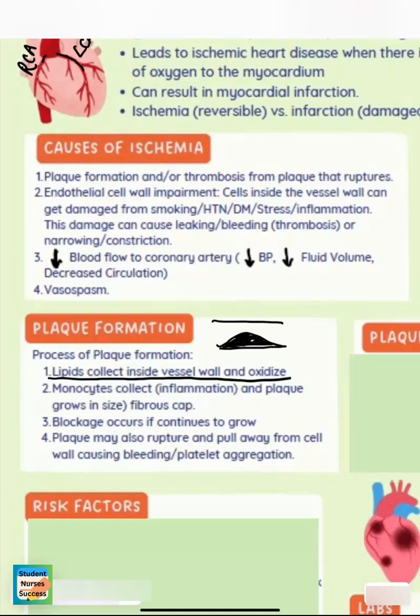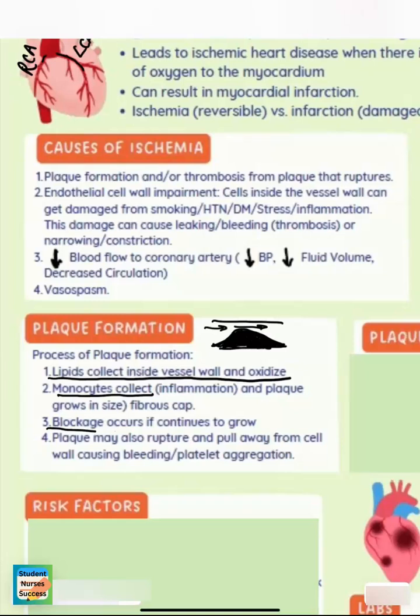And as it oxidizes, monocytes start to collect and cause inflammation, which then makes it grow even bigger. And so this thing just keeps getting bigger and bigger. And as it gets larger and larger, you get less and less blood flowing through the vessel. At some point, it can grow large enough that actually a full blockage can occur.